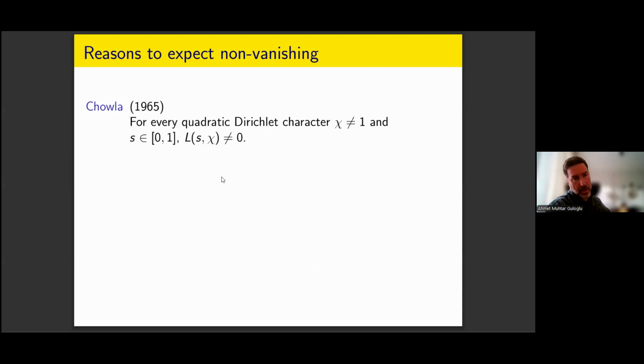He claims that Dirichlet L functions associated with quadratic Dirichlet characters do not vanish, not just at 1/2, but on this entire line segment 0 to 1. And this is still open. It is expected that this is also true for other characters, also primitive Dirichlet characters, and also for other L functions.